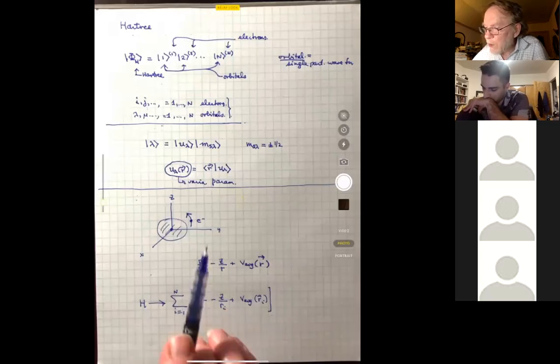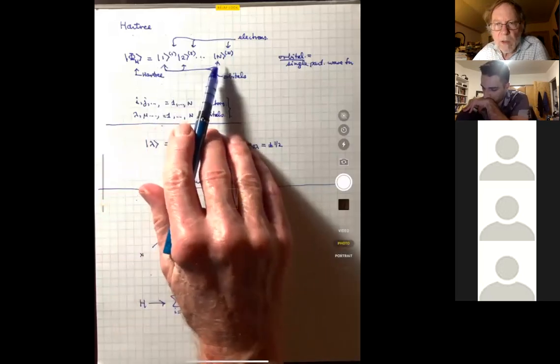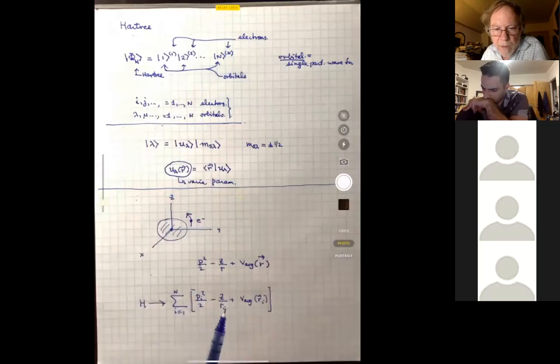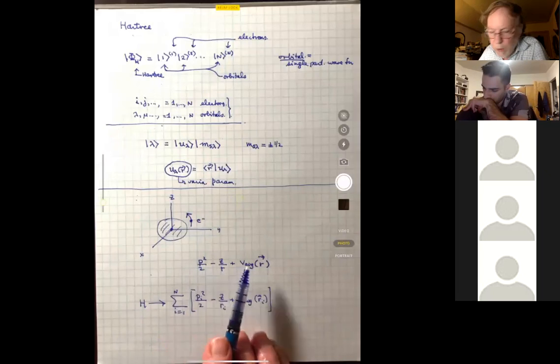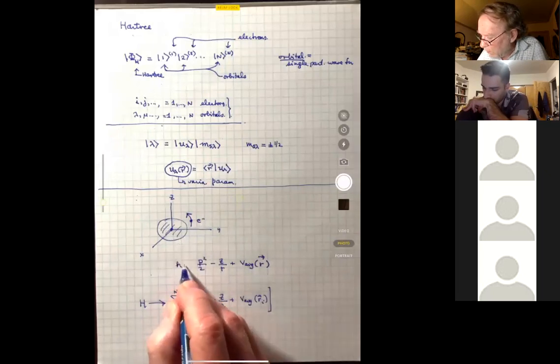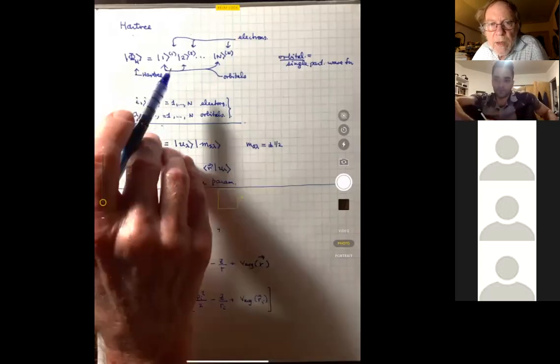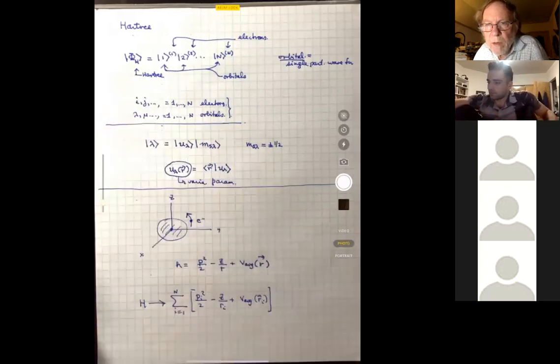That gives you a wave function that looks just like Hartree's trial wave function, in which the orbitals 1 through n are the single particle eigenfunctions of this Hamiltonian here. Let me call it lowercase h. So this is in effect the physical reasoning behind Hartree's trial wave function.